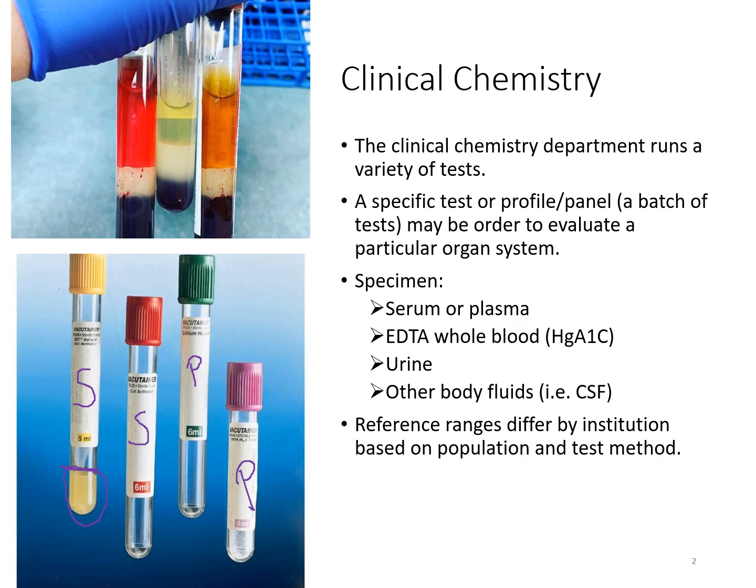It just depends on the workload and where a particular lab would choose to put this test. Some of the other samples that could be done would be urine or other body fluids like spinal fluid. We talked a little bit about those in the body fluid lesson, where you may order a total protein or glucose off of a body fluid.